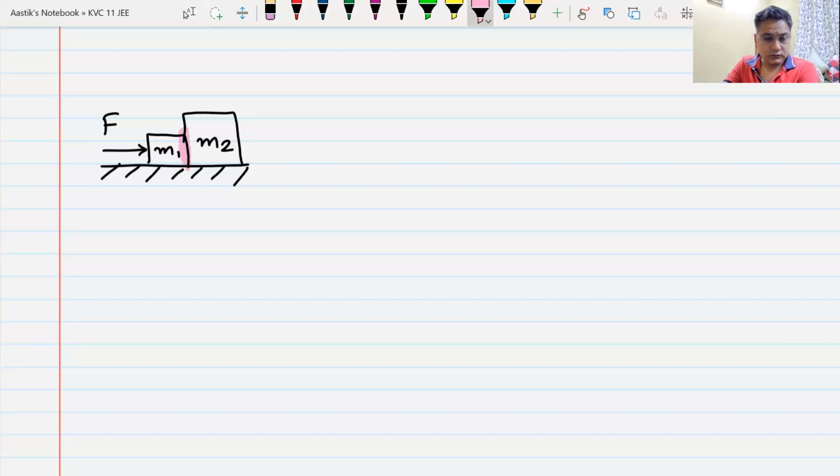A into M1 plus M2. No, that is not correct. I'm asking about the force between the two blocks. This is not what you said.